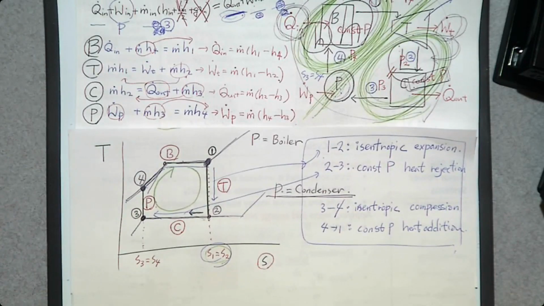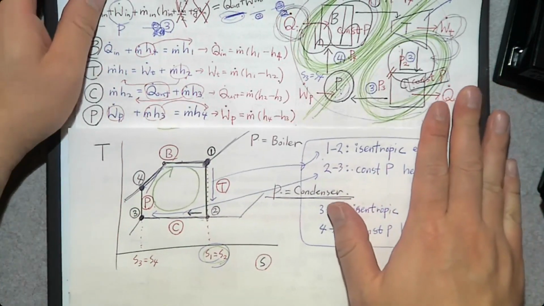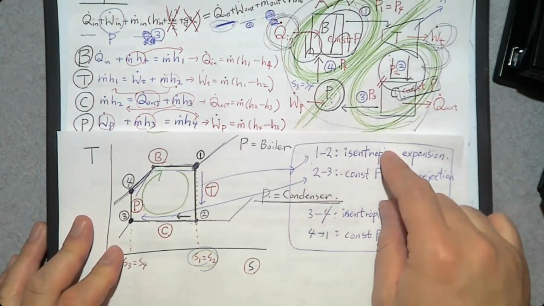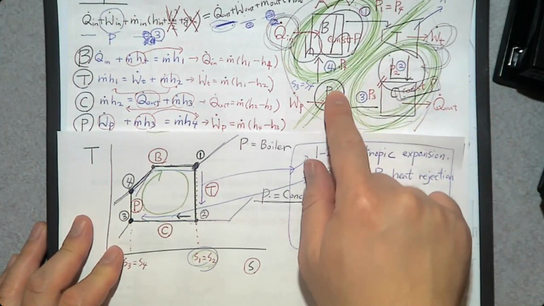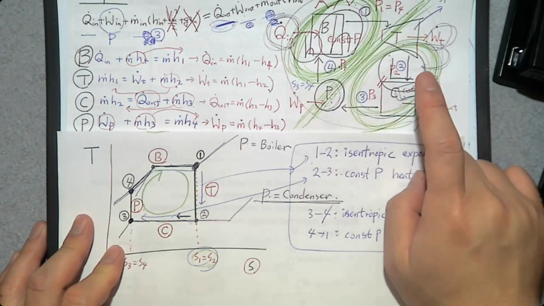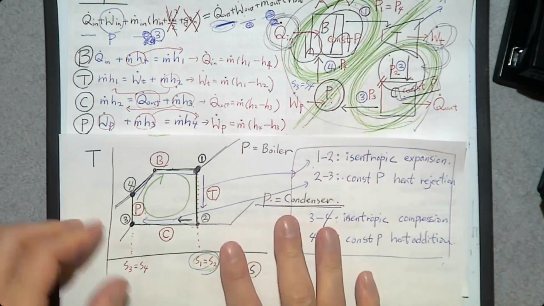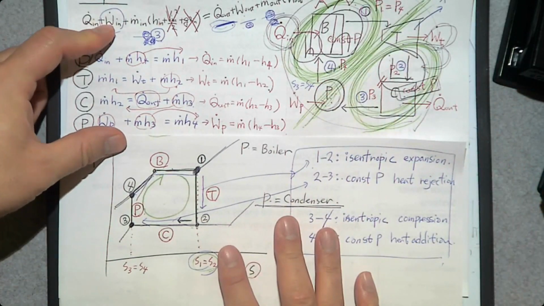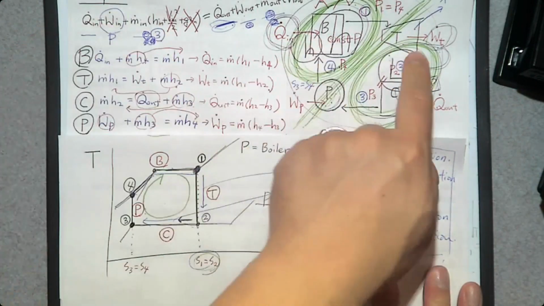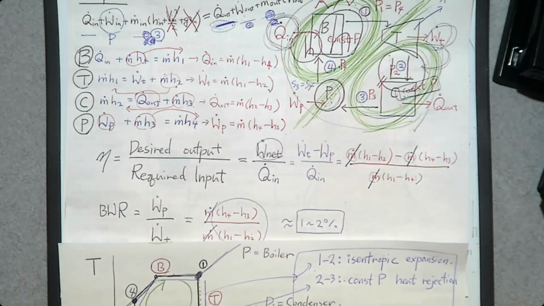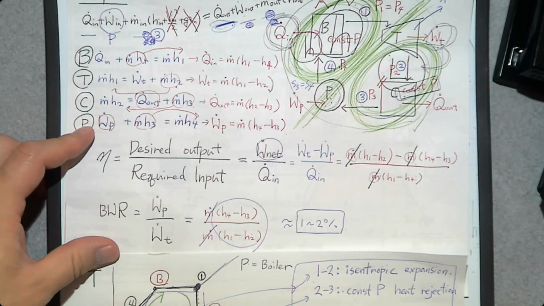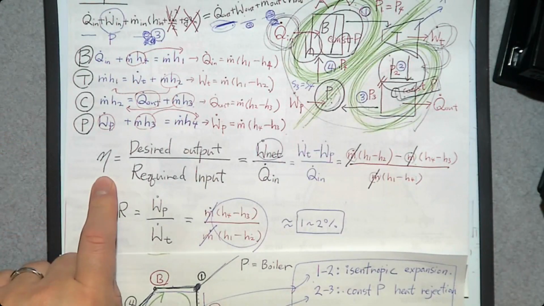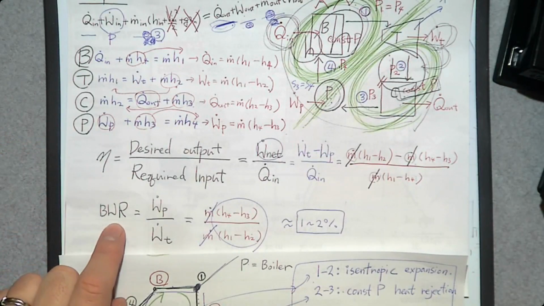So what you need to know is when we say Rankine cycle, this Rankine cycle consists of 4 components: boiler, turbine, condenser, and pump. And these are the energy balance equations for each component. And these are how we can evaluate their performances: thermal efficiency and back work ratio.